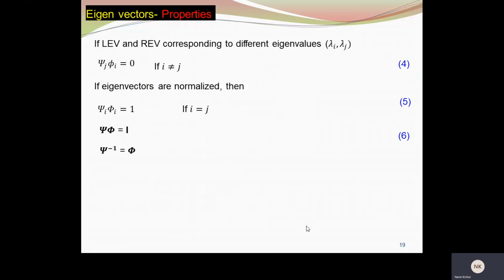We move next to discuss some properties of these eigenvectors.